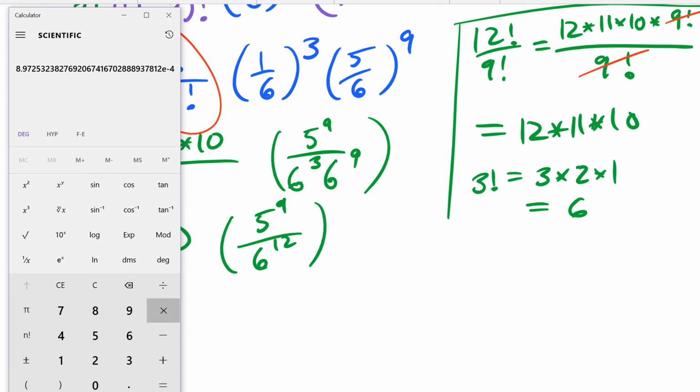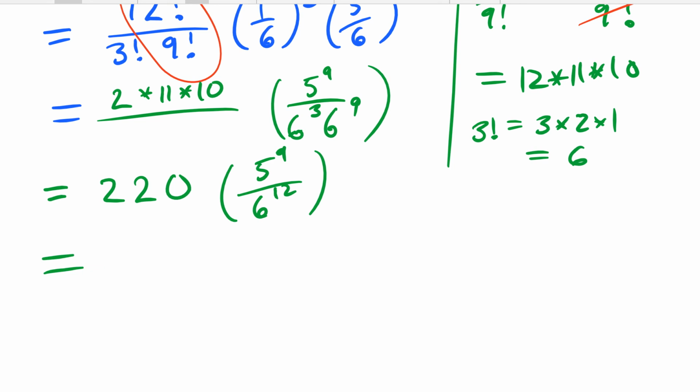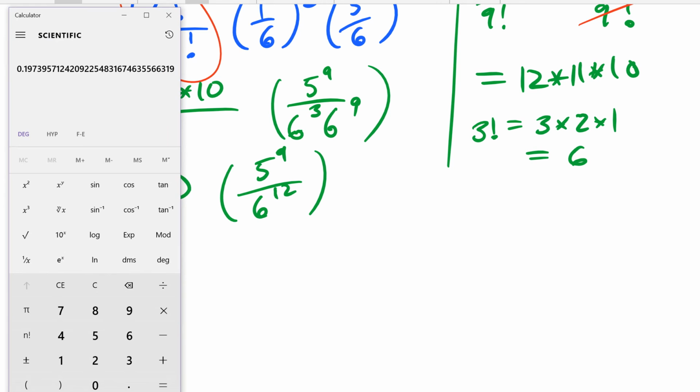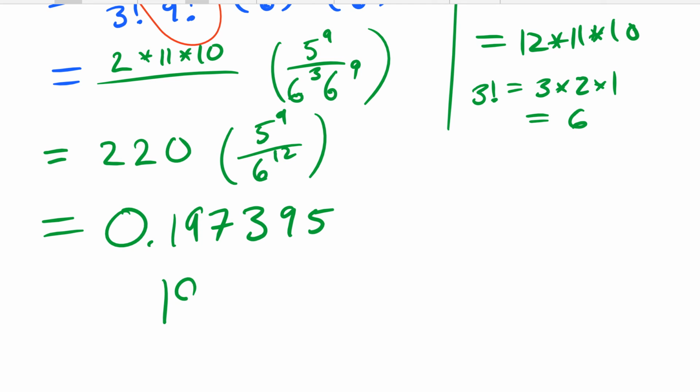Then we multiply that by 220. So we get 0.197395. In percentages, that's 19.7395%.